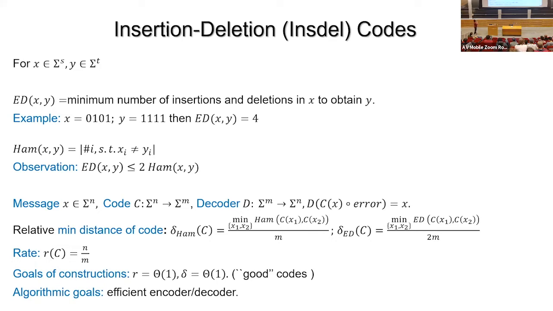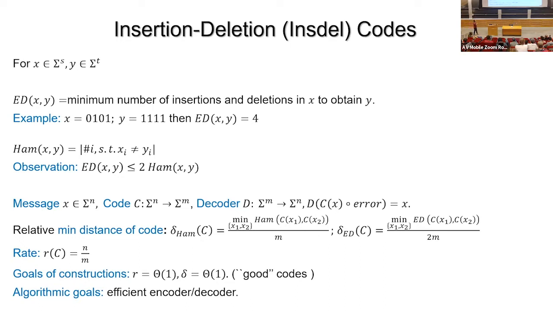You probably are more familiar with this notion of Hamming distance, which is the number of indices where X and Y differ. And there is this inequality relation between edit and Hamming distance. You can think of it as if edit distance is large, then Hamming distance is large. So now some jargon about codes.